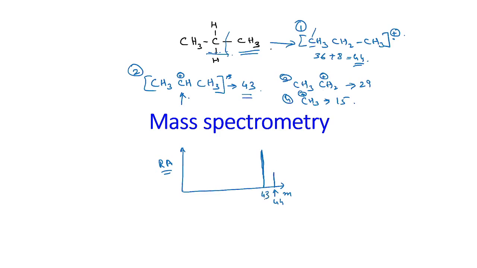So at 43 we will be getting a larger abundance. Because this is a secondary carbocation, this peak, where you have the largest relative abundance, is also regarded as the base peak.